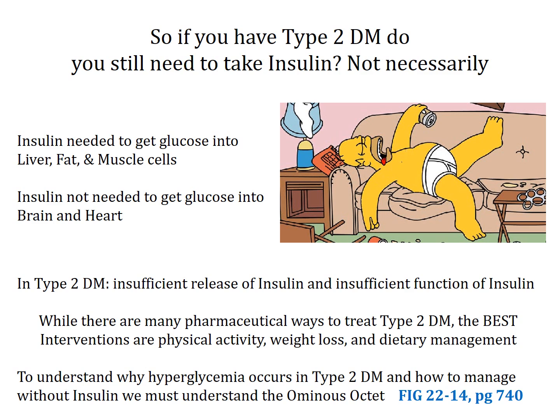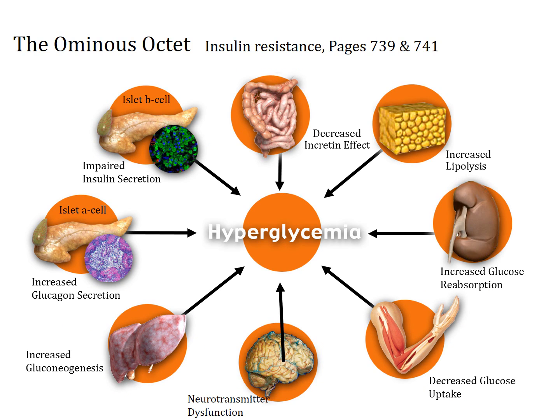So there's a thing called the ominous octet. It's also referred to as DeFronzo's octet, after Dr. Alan DeFronzo, who was one of the first individuals to describe this. The octet is found on page 740, and I'm going to show you here. So here's the octet, and here's a lot of different ways that the body reacts to increase blood sugar.